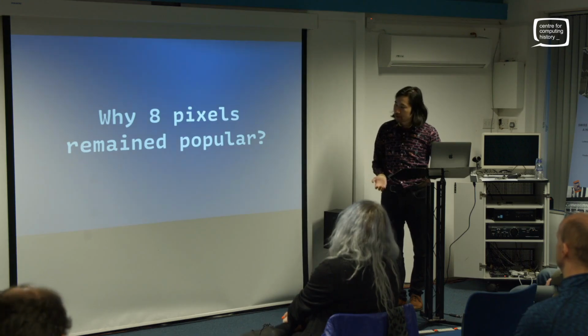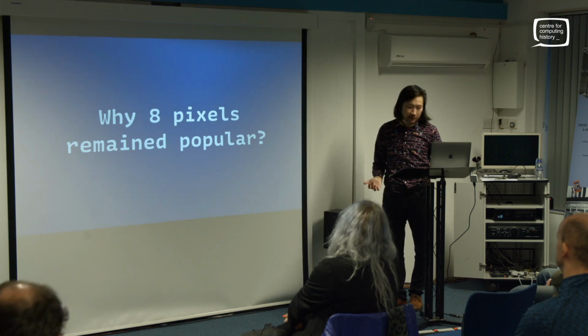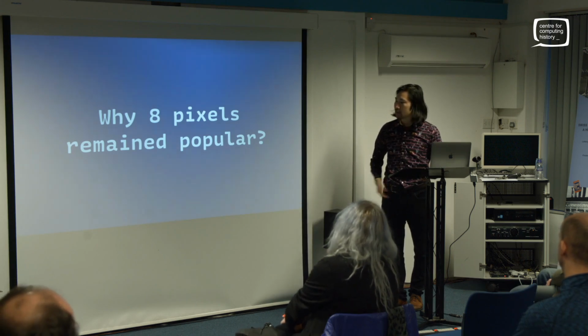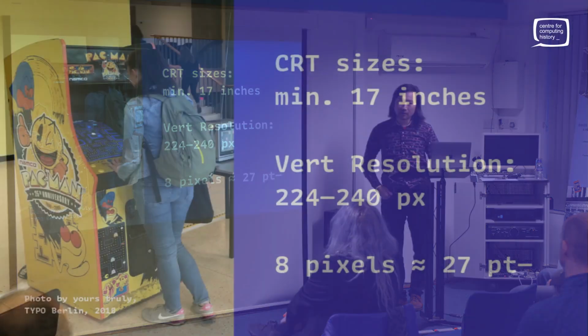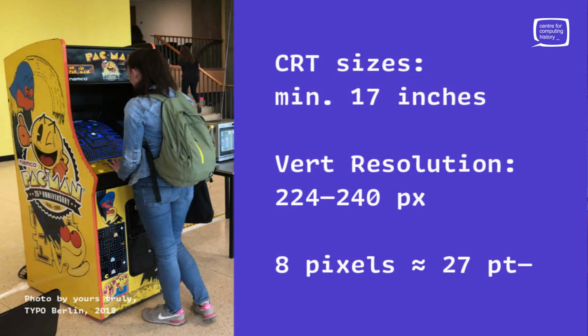So 8 by 8 pixels stayed really popular for, I think, a more practical reason as well, which is that arcade games didn't really evolve in terms of the size of the CRT display, because they were generally 17 to 19 inches, because you basically have a display here. It doesn't have to be huge.